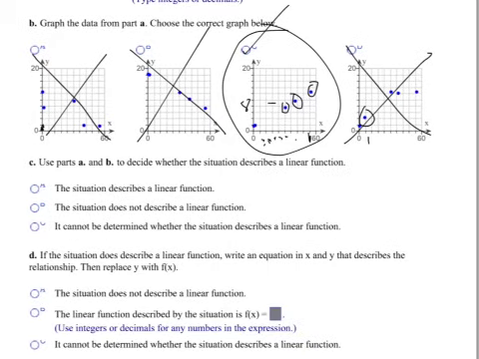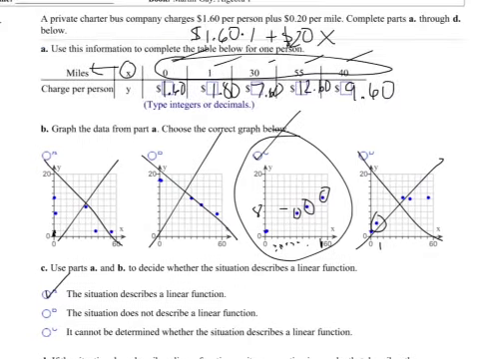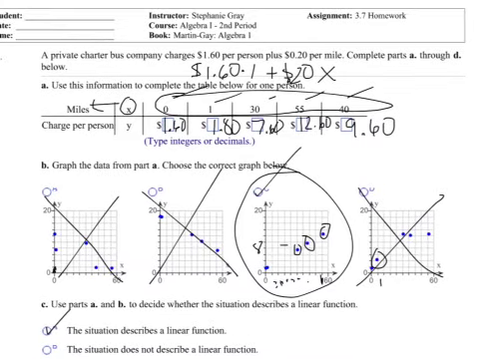Now in part C, I wanted to decide whether the situation describes a linear function. Well, I can look at that in two ways. One, I can look at my graph and see that it clearly looks like those points make a line. So this is a linear function. The other way I could look at that is to go back to part A, and you can see that I wrote an equation for this situation, 1.60 plus 0.20x.